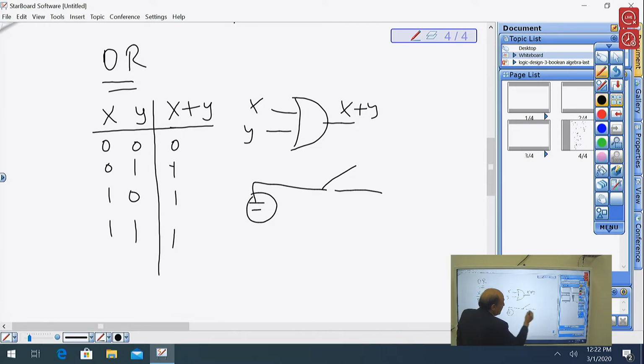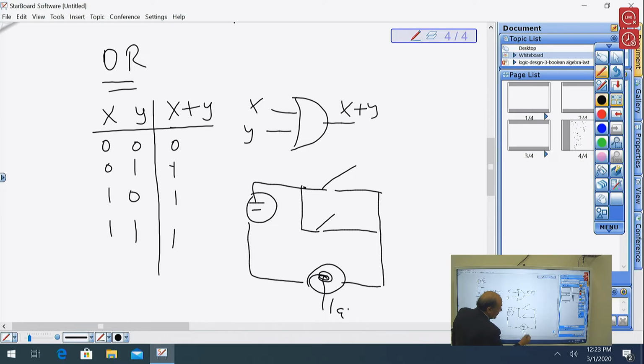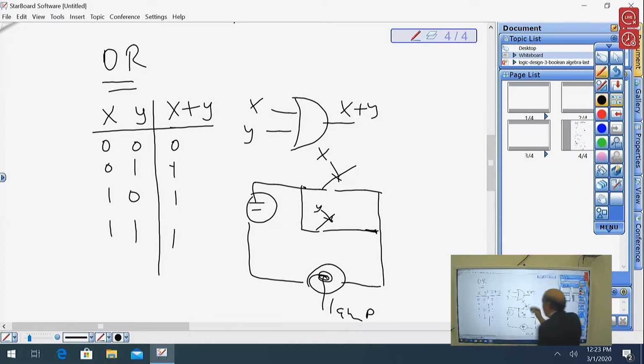If we have the 2 switches connected in parallel, and here we have the lamp, switch X, switch Y. As you see, if any of the switches X and Y or both are on, then the lamp will light, and it will not light if both the switches are off. This is the OR operation.